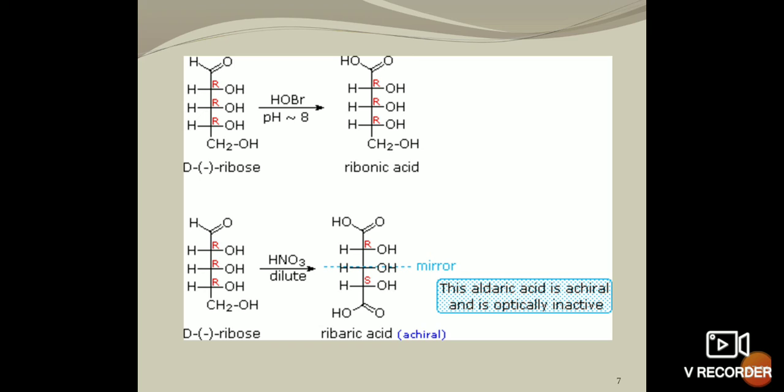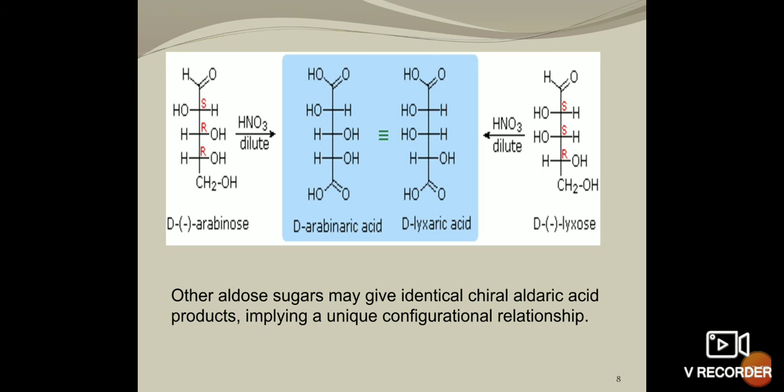Here we see that both the ends are identical functional groups. This is a diacid, aldaric acid, but it is optically inactive since it forms a mirror image. So this is an optically inactive compound.